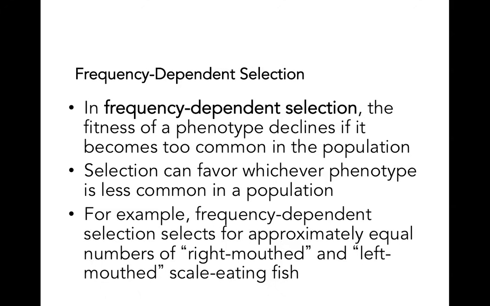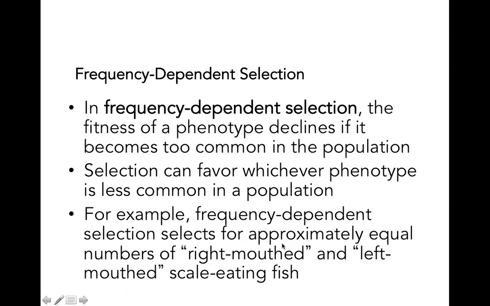If something is rare in a population, there may be some selective pressure to maintain that allele, but once it becomes too frequent, then there's selection pressure against it, which makes that allele become more rare again. So selection can favor whichever phenotype is less popular or less common in a population.